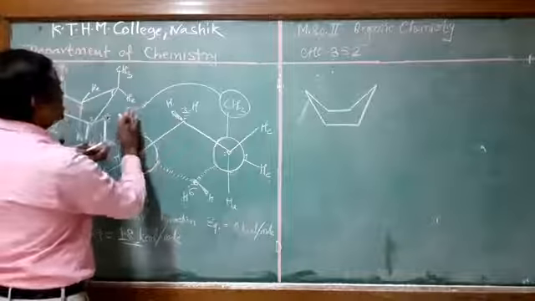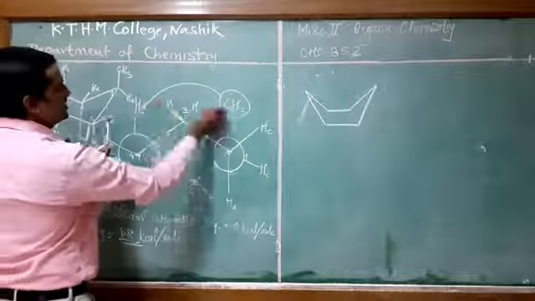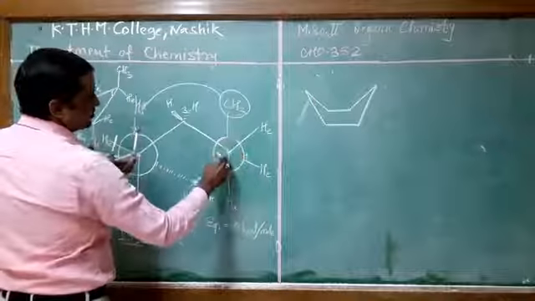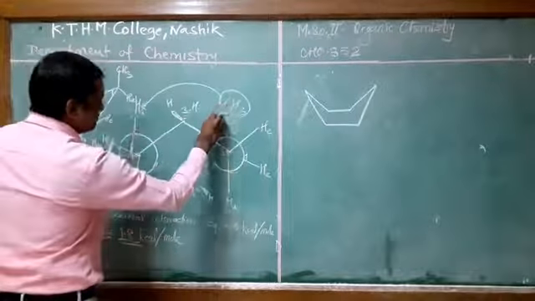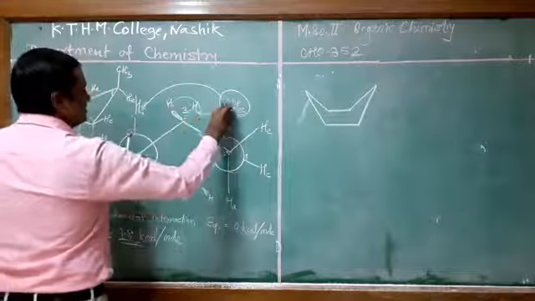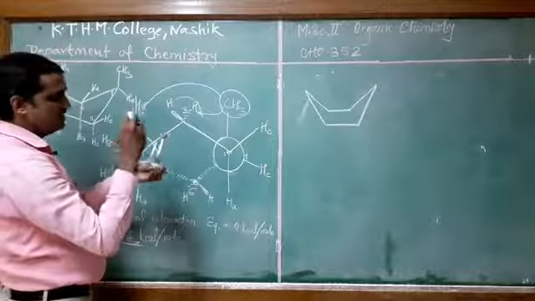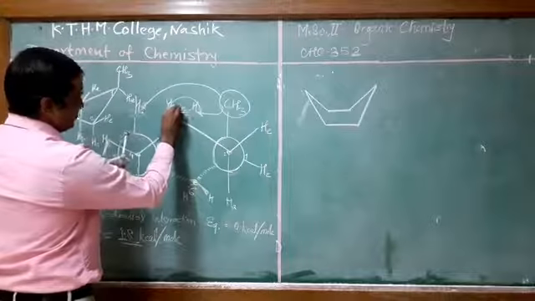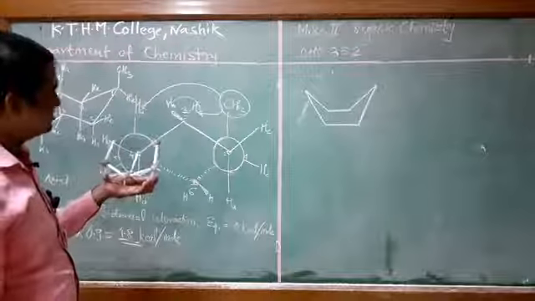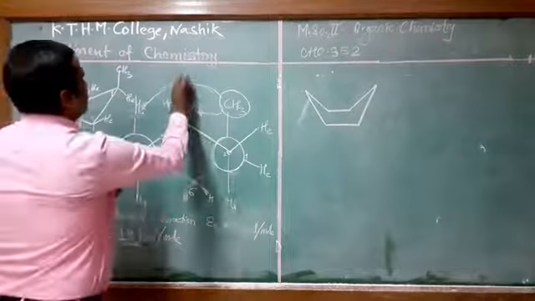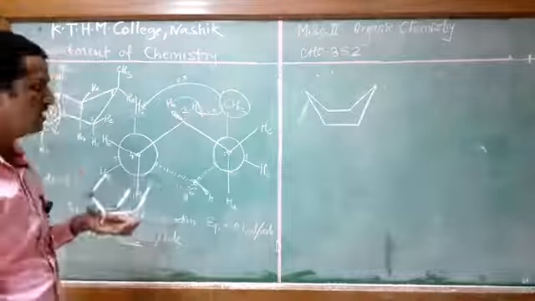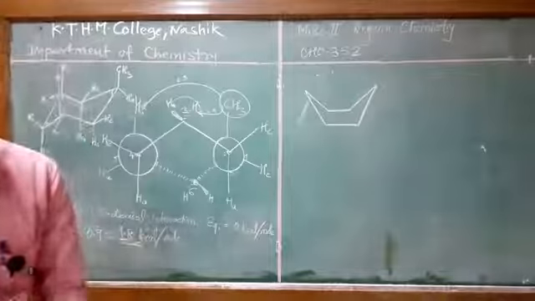This is one interaction; the second interaction is 1,3, this is carbon number 1, 2 and 3. One of the axial substituents out of these creates interaction with the axial CH3 group. So because of this 0.9 and this 0.9, the energy content is 1.8 kilocalorie per mole, which is highly unstable.